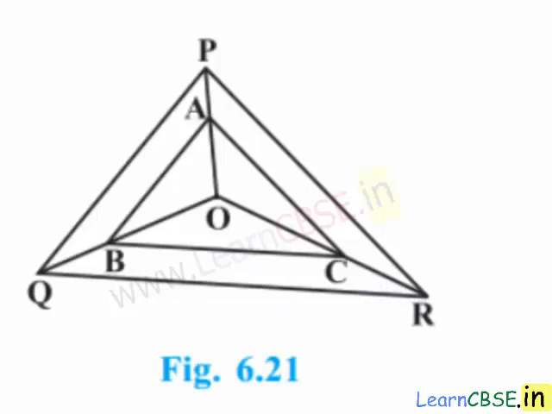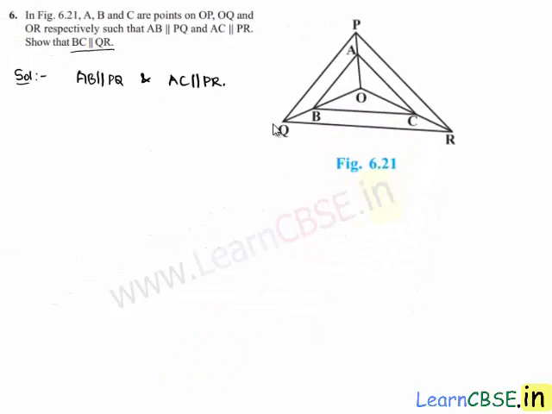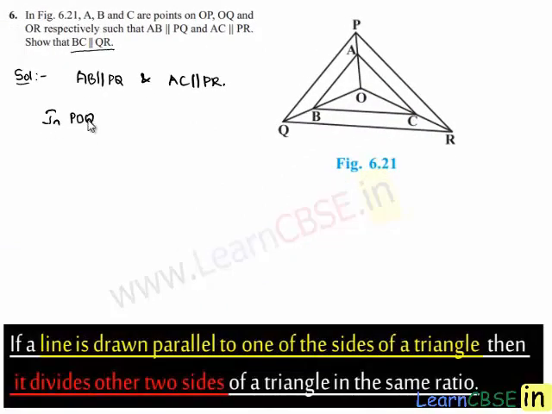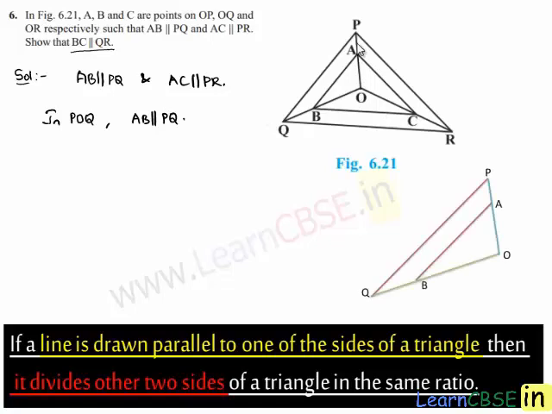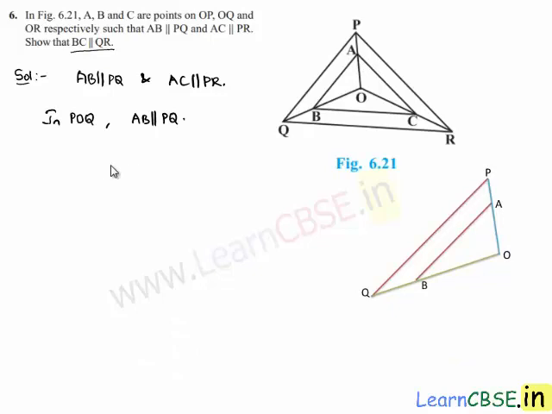So now let us consider the triangle POQ in which AB is parallel to PQ. So from basic proportionality theorem, if AB is parallel to PQ, then we get OA by AP is equal to OB by BQ.